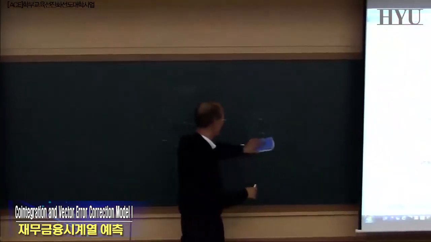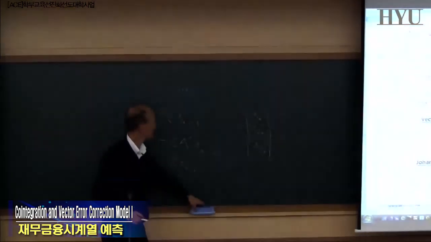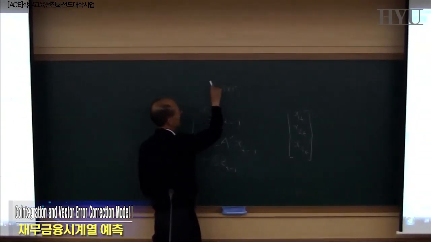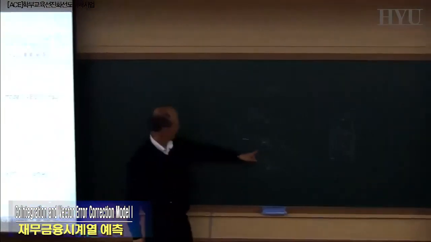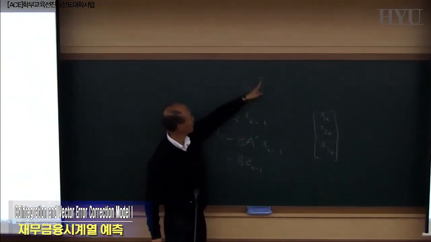Let's make it 3, x3t. And so n is 3. Suppose r is 2. A is transposed, right? So it's going to be now 2 by 3.